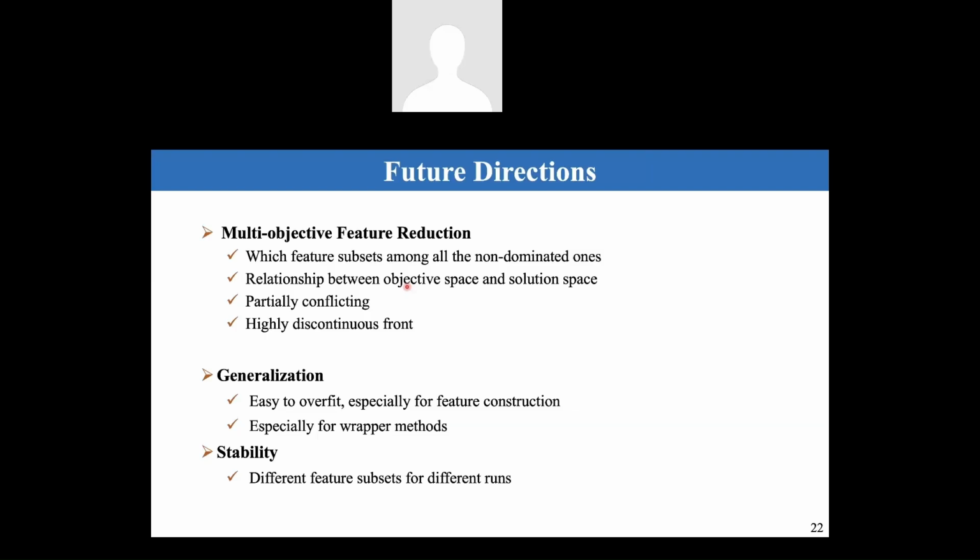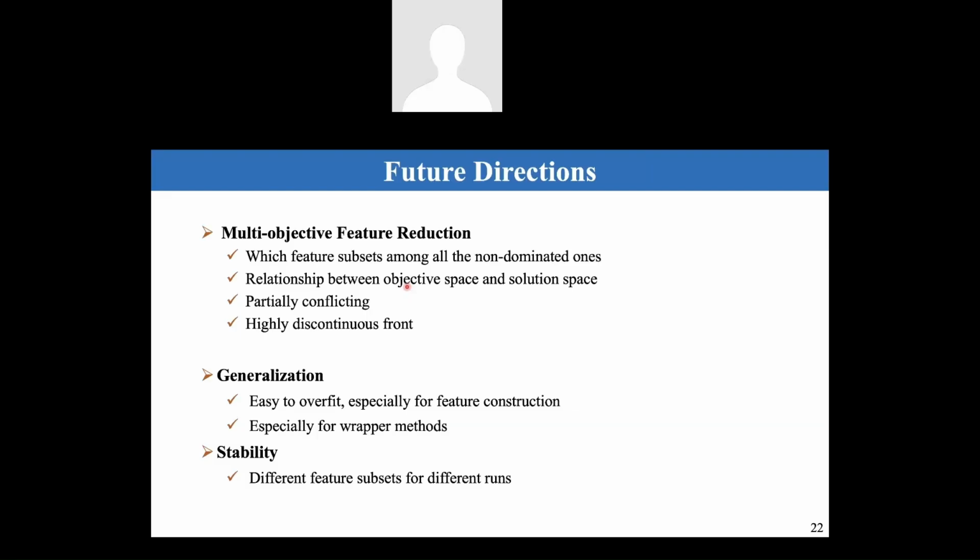Sometimes we have solutions focusing more on the center of the front. So we have to find a way to automatically find such a pattern and allocate the search resources to those regions. That is also going to improve the performance of multi-objective feature selection.